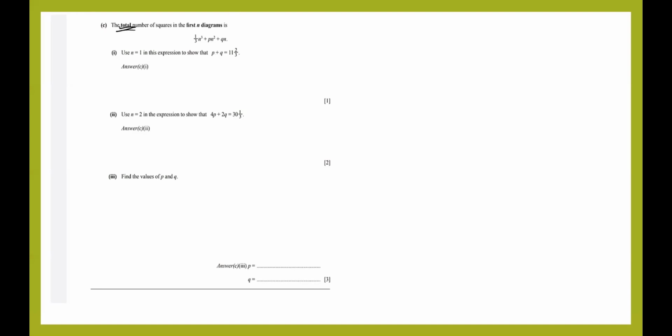You must understand something. It says the total number of squares in the first n diagrams. So it means if you have the first diagram, you will get the total for this one. If then you have the second diagram, when n is 2, you will get the cumulative addition for the first and second.